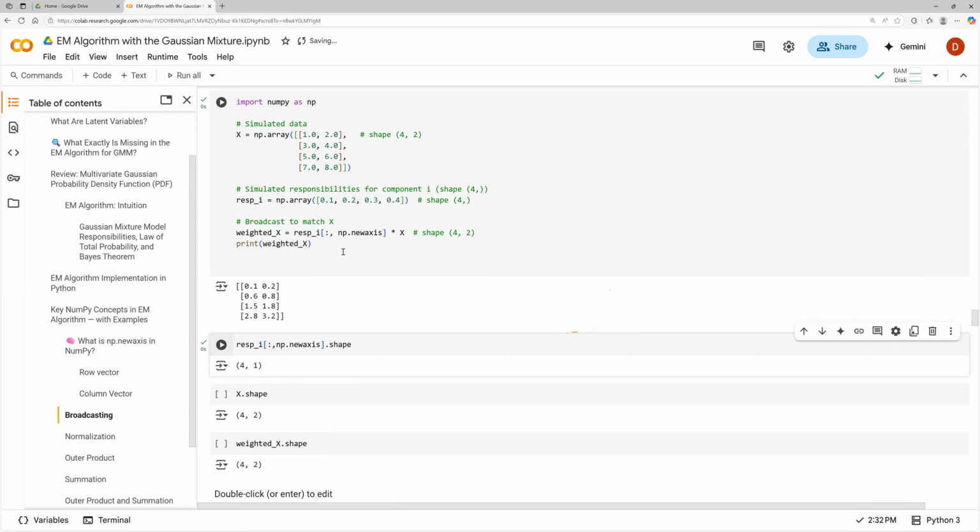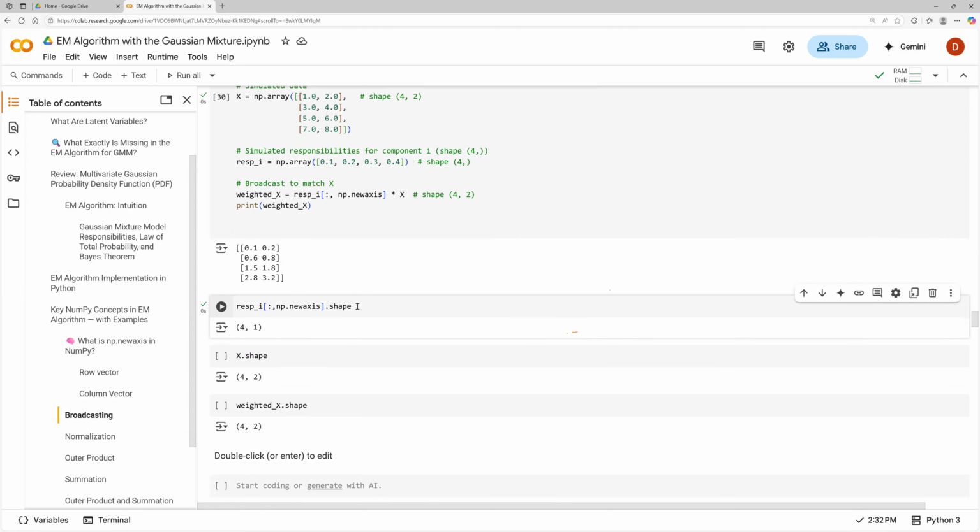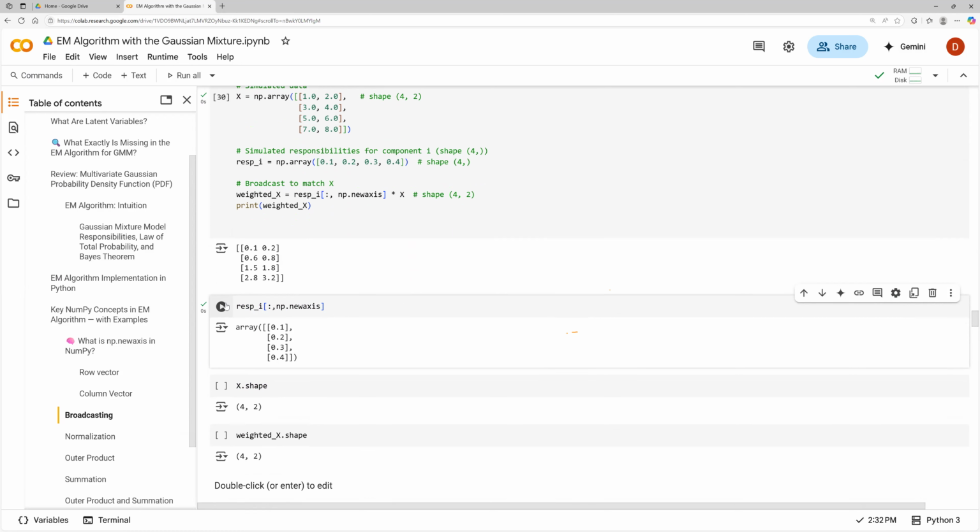So 4, 1 times X, which is 4, 2, it's going to be a 4, 4, 2, right? So it's 1. This is being multiplied across this and this and this, right?